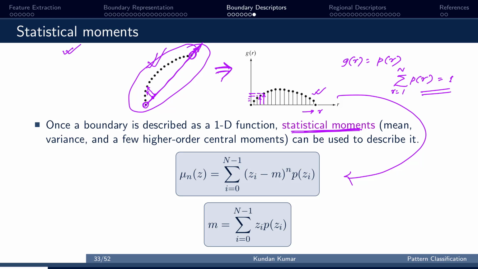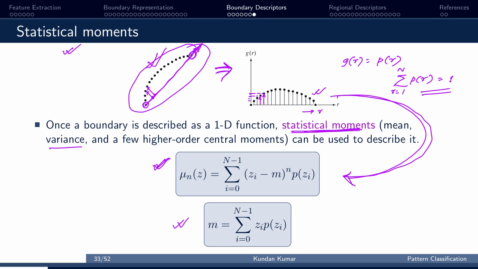So that will become our probability density function, and we can compute the mean and the other statistical moments like variance, skewness, kurtosis.